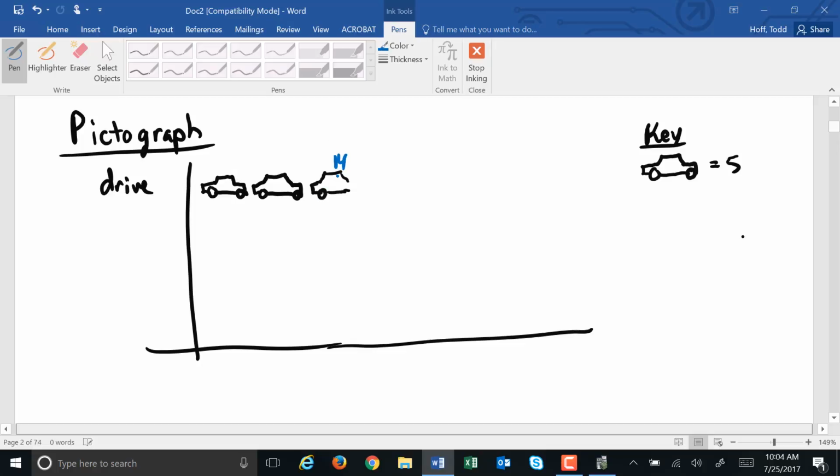I'm going to call that one 14. We might have those who ride the bus. Over here in our legend, might have bus equals 10 people.